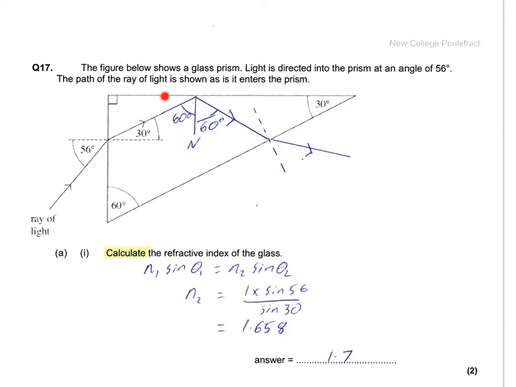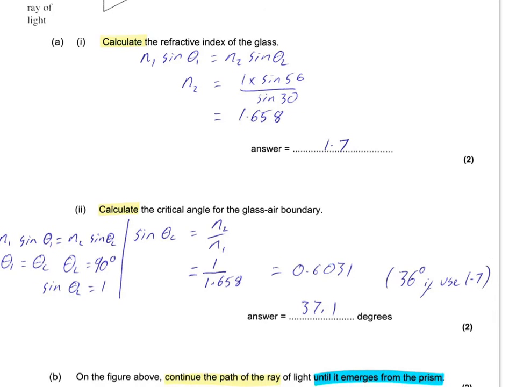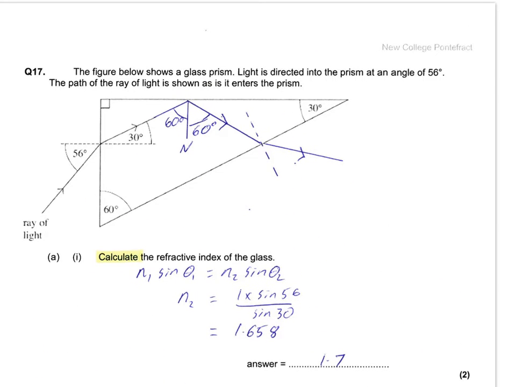So that means that angle there is also 30 degrees, which makes that 60. First question I've got to ask myself, if I'm working out where things are going, is that angle bigger or smaller than the critical angle? The critical angle I worked out down here is 37 degrees, so it is bigger, so I get total internal reflection. So I measure that 60 degrees, I measure that 60 degrees, draw my line on, and it arrives at that point there.